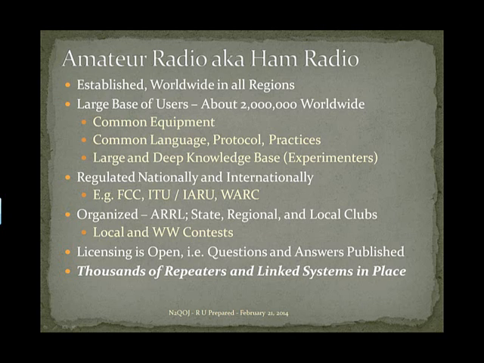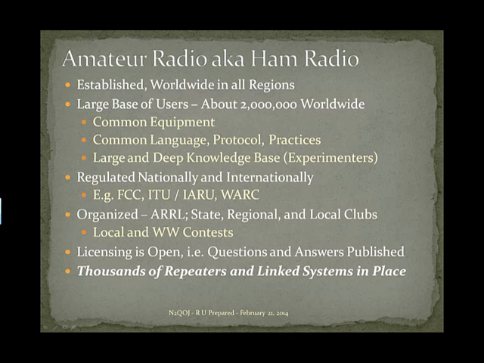One of the major benefits of this existing amateur radio community in the world is that there are thousands of repeaters available, and we know the benefits of repeaters from earlier discussion. There are thousands of repeaters and link systems in place in our country alone, where you can talk from your handheld radio here locally. You can link to systems that allow you to be talking in Idaho, Utah, California.